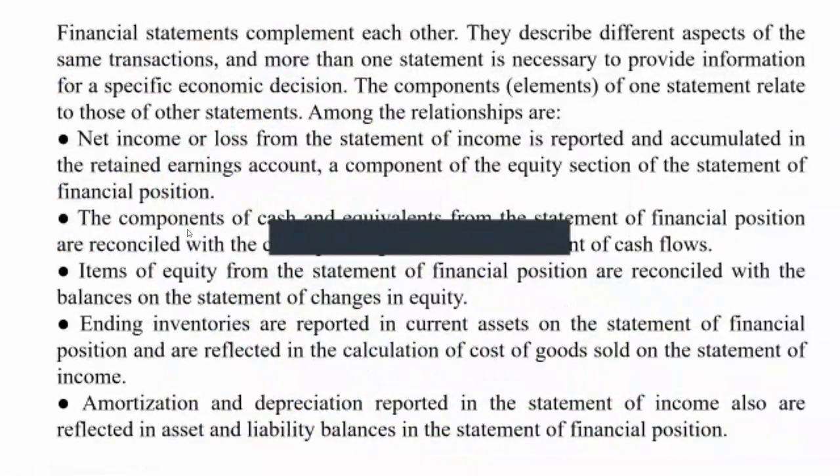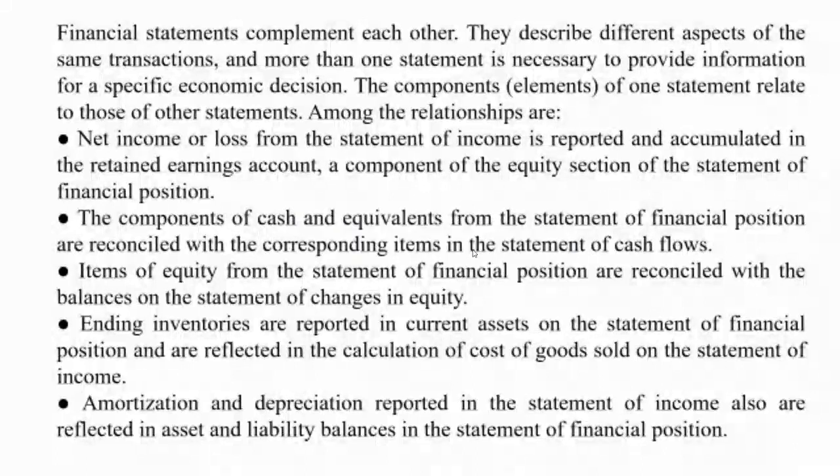Financial statements complement each other. They describe different aspects of the same transactions, and more than one statement is necessary to provide information for a specific economic decision. The components of one statement relate to those of other statements. Among the relationships are net income or loss from the statement of income is reported and accumulated in the retained earnings account, a component of the equity section of the statements of financial position.